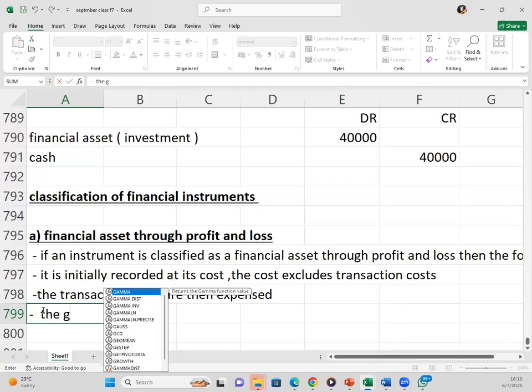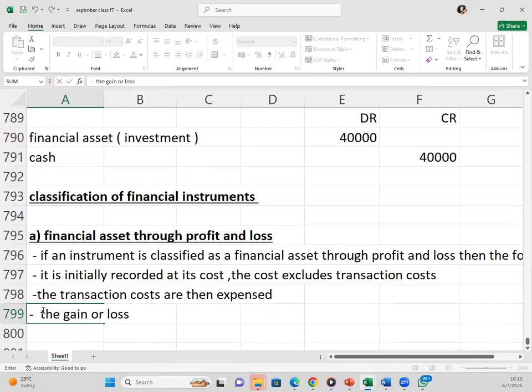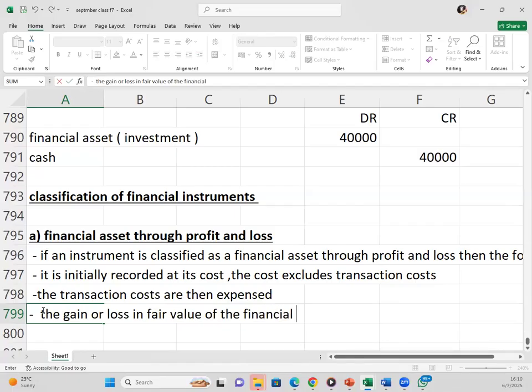The gain or loss in fair value of the financial assets is taken to profit and loss.